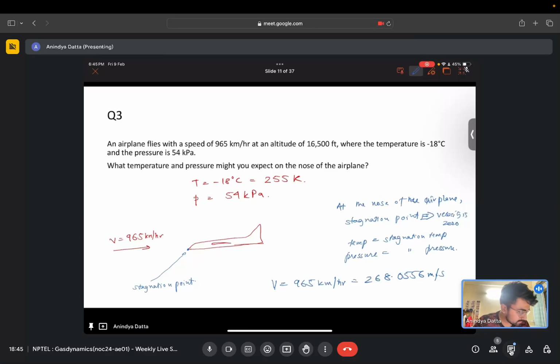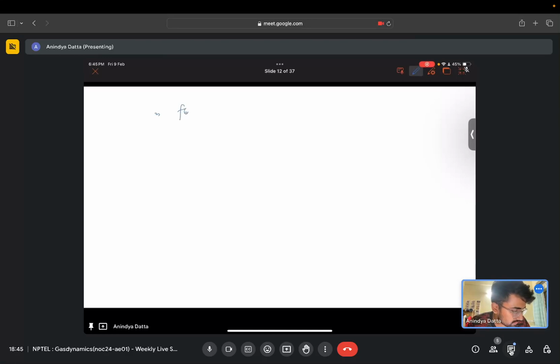Okay, and the speed of sound is the square root of gamma RT, so we'll get 320.09 meter per second. So you can clearly see that the flow is subsonic. So there won't be any shock or anything.